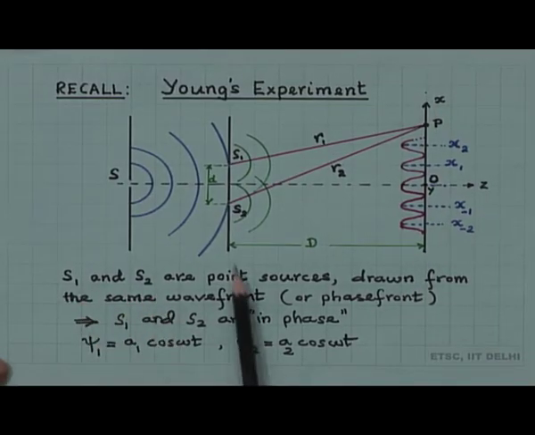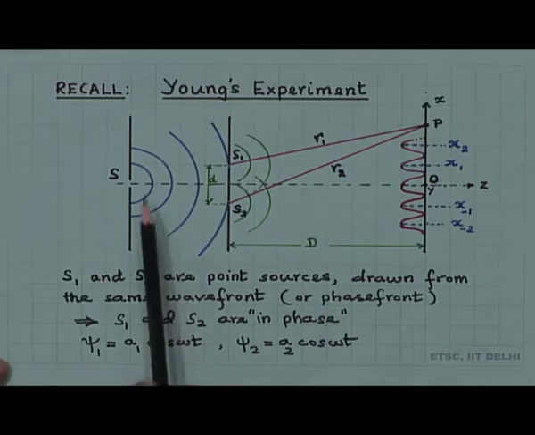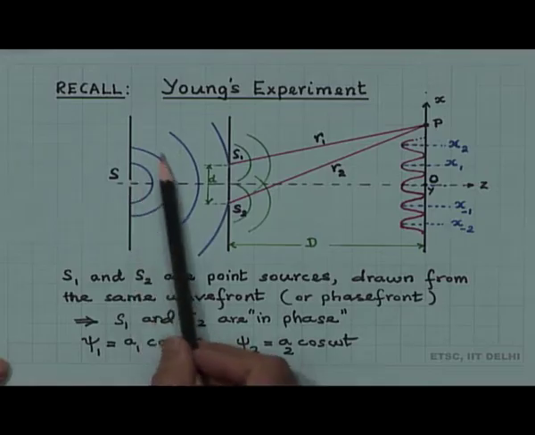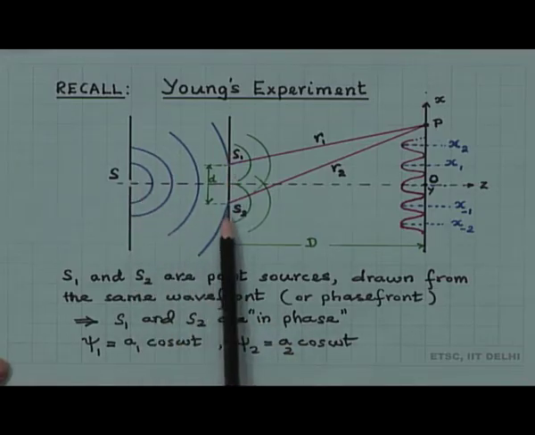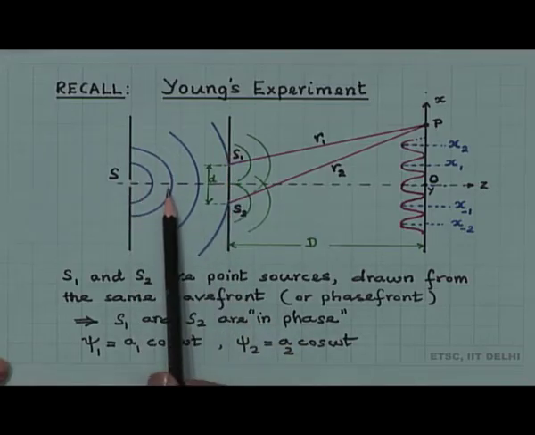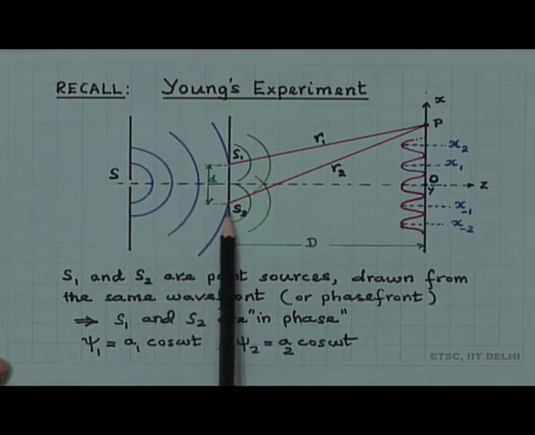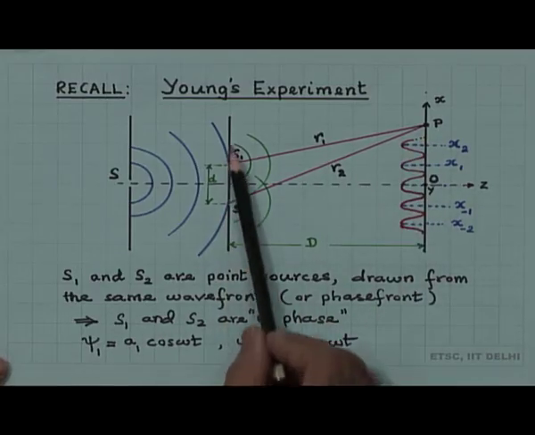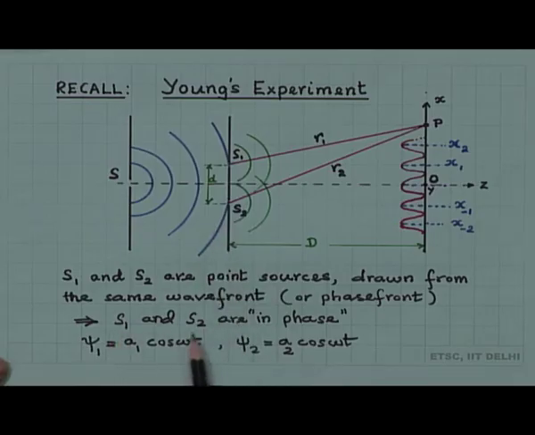S1 and S2 are point sources drawn from the same wavefront. Please see, there is a point source here and these two are drawn from the same wavefront. These blue curved circles represent the wavefront, and as you can see, the wavefront reaches S1 and S2 simultaneously. That means they are from the same phase front, or S1 and S2 are in phase.